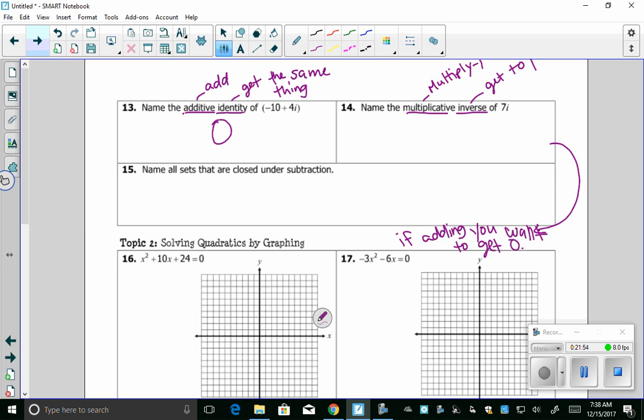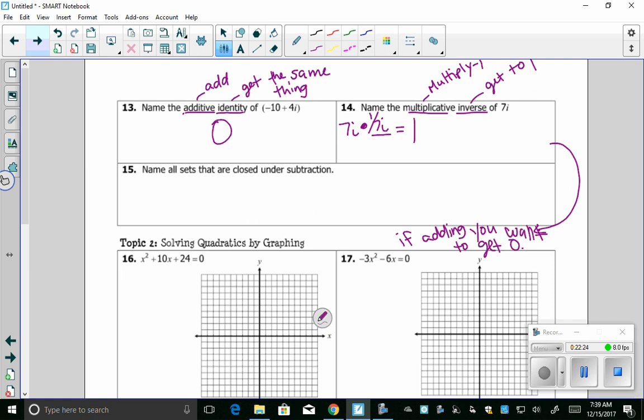So for 14, it's 7i. What do I have to add? I'm sorry, we're multiplying. Confusing myself. What do I have to multiply 7i by to get to 1? Well, here, all you're going to do is multiply by the reciprocal. So for this problem, I'm going to multiply by 1 over 7i.